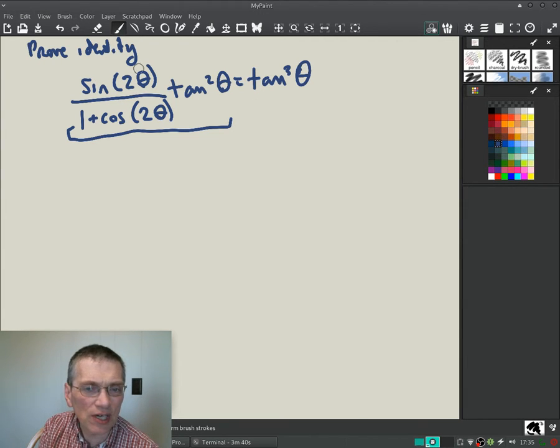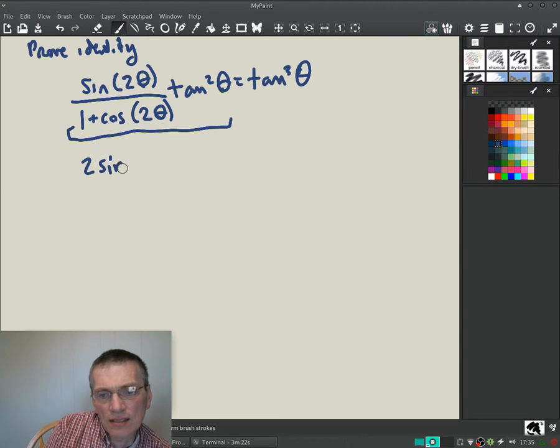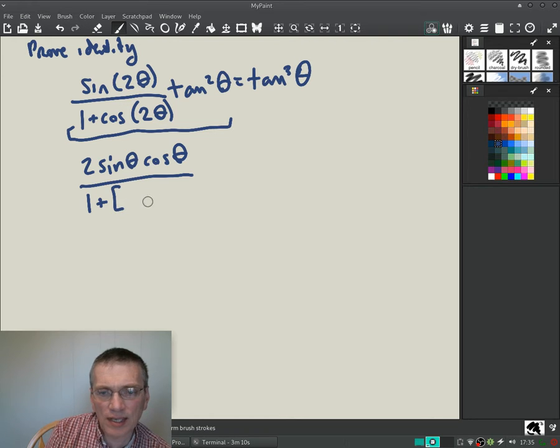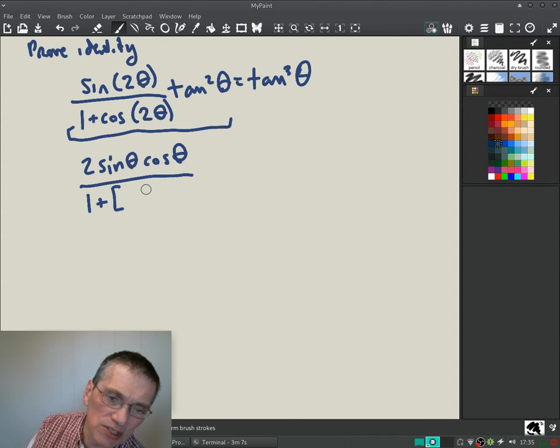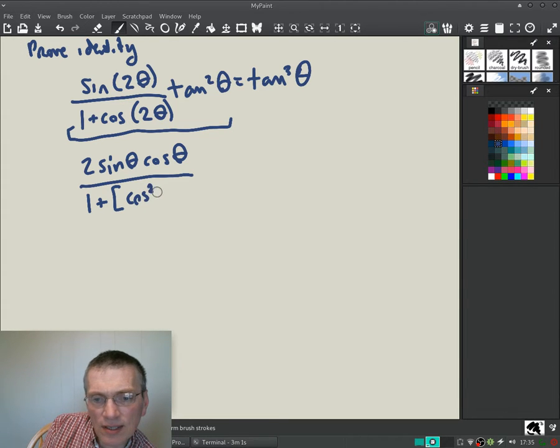Anyway, we'll use our two brand new formulas to get rid of the sine of 2 theta and cosine of 2 theta and change them into functions of only theta. So sine of 2 theta ends up being 2 sine theta cosine theta over 1 plus cosine of 2 theta, which turns into cosine squared theta minus sine squared theta.